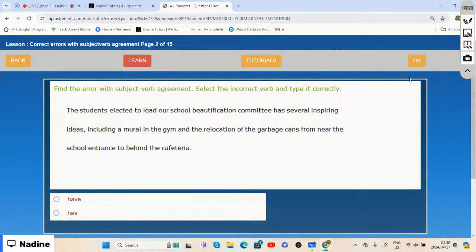So now we need to say they have or has several inspiring ideas. So the students, right? So we can say that they have inspiring ideas.